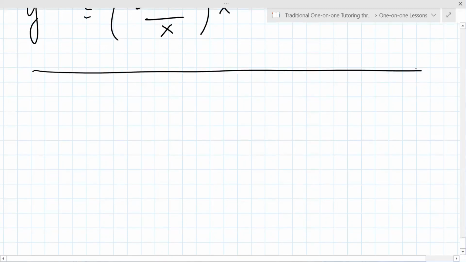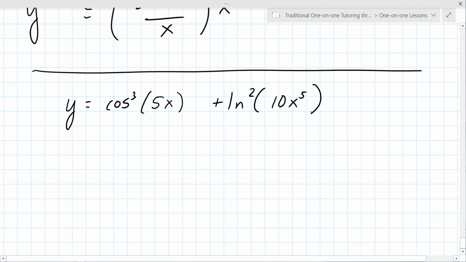Now, really quickly, if I said y equals cosine cubed 5x plus natural log squared of, I don't know, 10x to the 5th. These 2s and 3s, these are power rules first. If you were to find y prime, I didn't know if that was covered or clear. This is just notationally how you write it, but there's an intermediate step to write if you want.